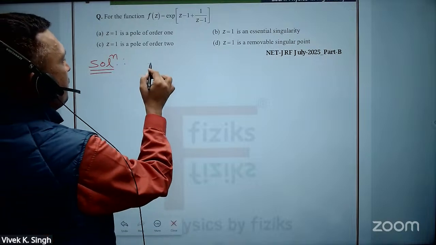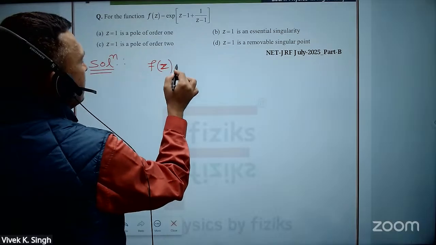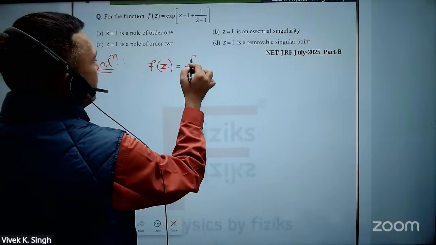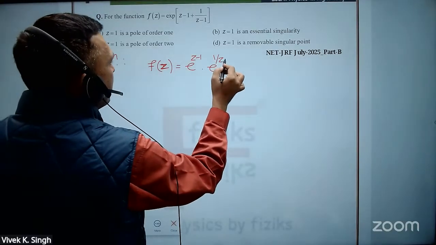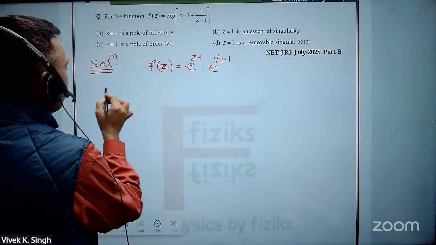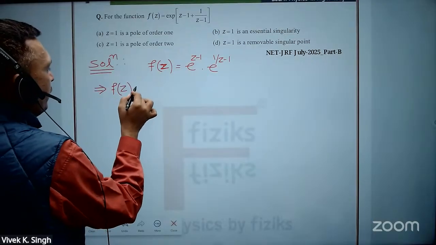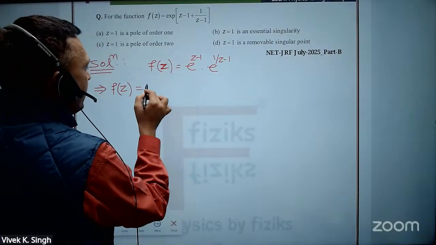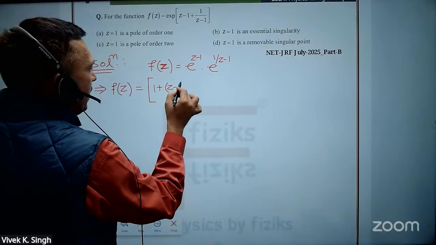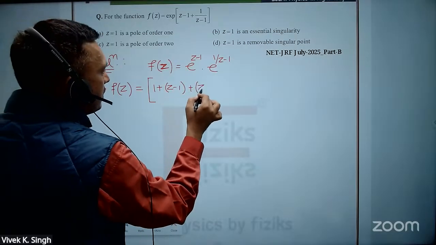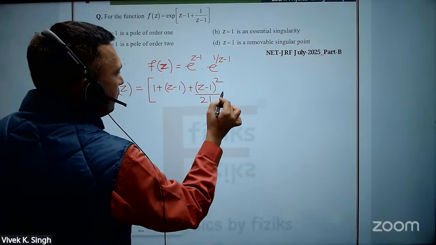So f(z) I'm writing as exponential (z minus 1) into exponential 1 by (z minus 1). You will get two terms. Now, you know the expansion of the exponential. The first gives you 1 plus (z minus 1) plus (z minus 1) whole square by factorial 2, and so on.